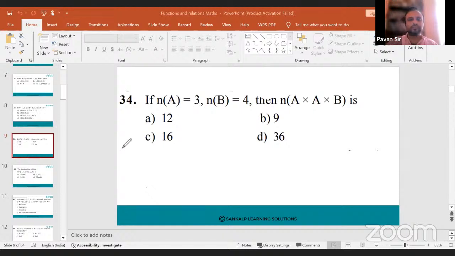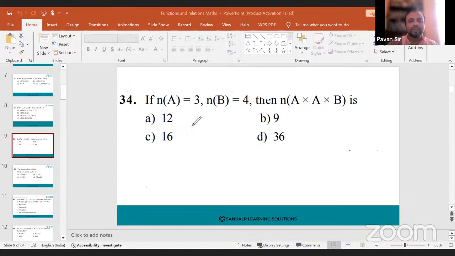Quick. If n of A is 3, B is 4, then what is n of A into B? Quick, quick. Yes, it's very simple.